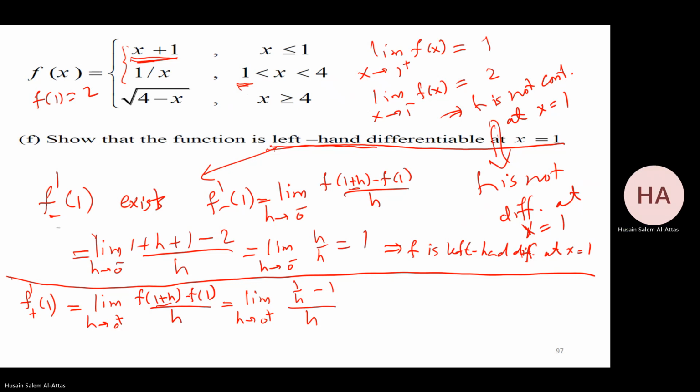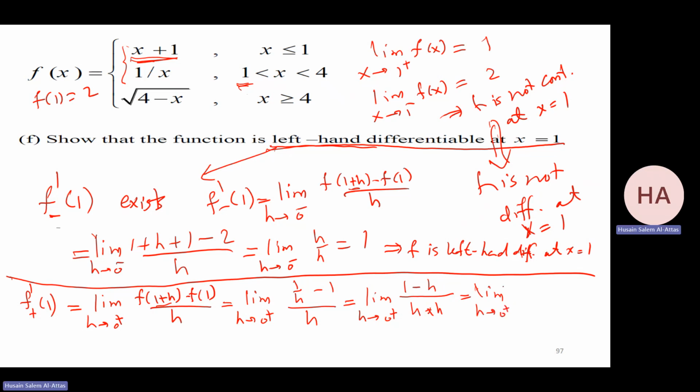Okay. That will be the limit as h goes to 0 from right of 1 minus h over h times h. So it's 1 minus h over h squared. I'm still doing the limit. Is it correct? 1 over h minus 1 over h, 1 minus h over h squared. So I need to do the limit as h goes to 0 from right.